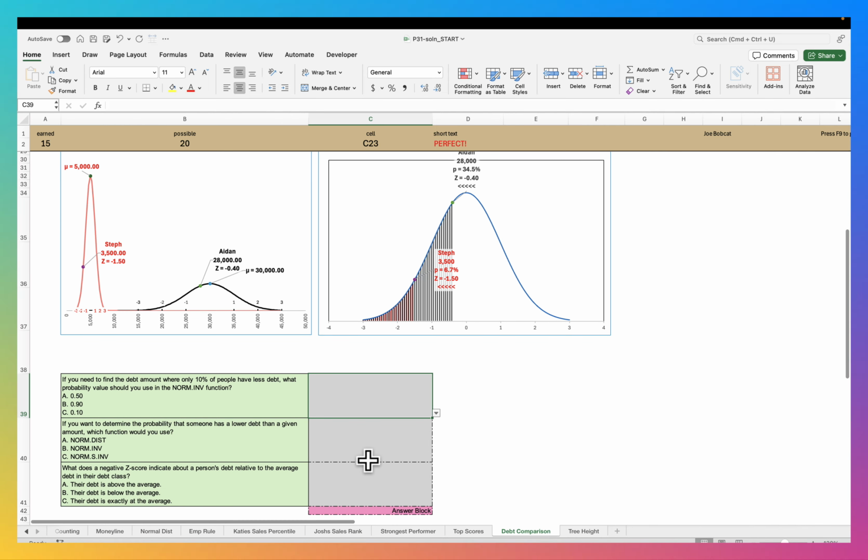If you need to find the debt amount where only 10% of the people have less debt, what probability value should you use in the norm dot inverse function? It's going to be C. If you want to determine the probability that someone has a lower debt than a given amount, which function should you use?